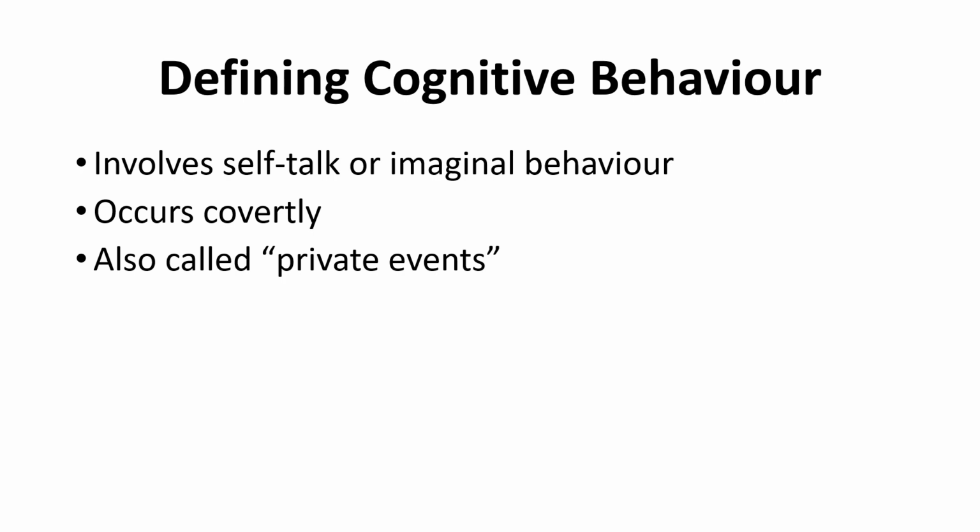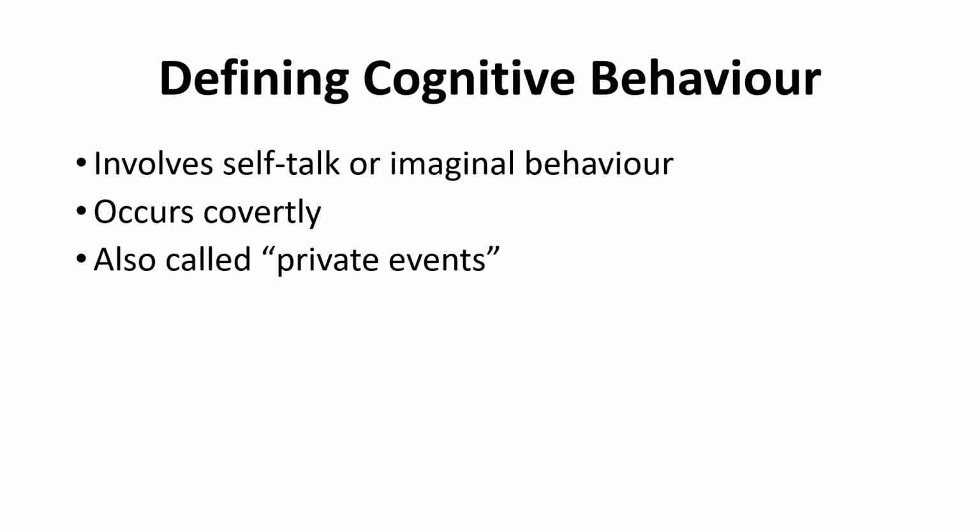So our definition from the textbook for cognitive behavior is going to be behavior that involves self-talk or imaginal responses. So these are things that are covert, things that are happening within that individual's mind. So self-talk or imaginal covert behaviors would be something like speaking to yourself in your head. Maybe you tell yourself, "Oh, you're looking really good today." That would be self-talk.